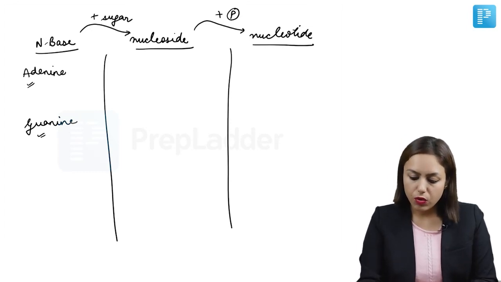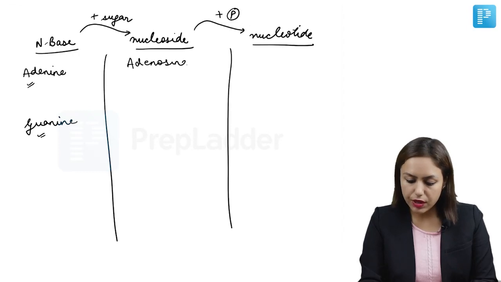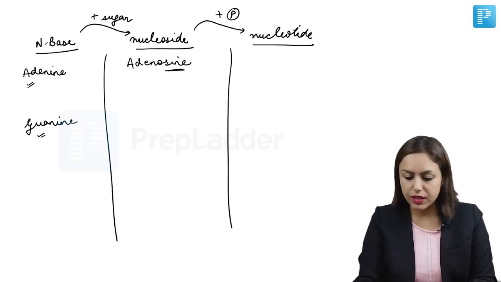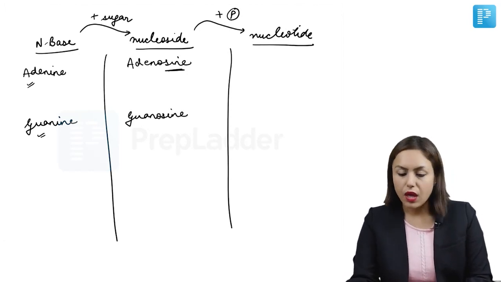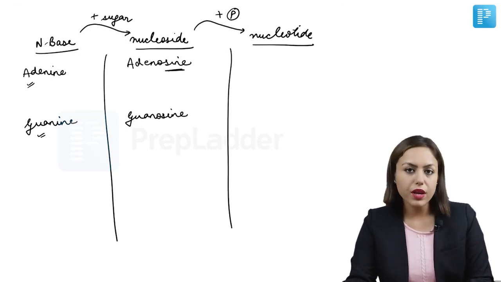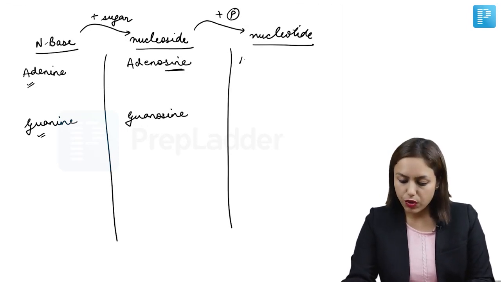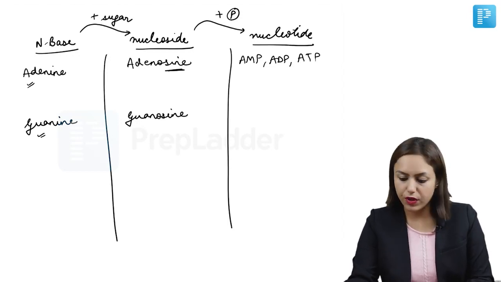Now what is the nucleoside of adenine? It is called adenosine. Write 'sine' at the end for purines, and for guanine it is guanosine. And in the nucleotide we add phosphate. So AMP is adenosine monophosphate, then ADP, ATP, diphosphate and triphosphate.